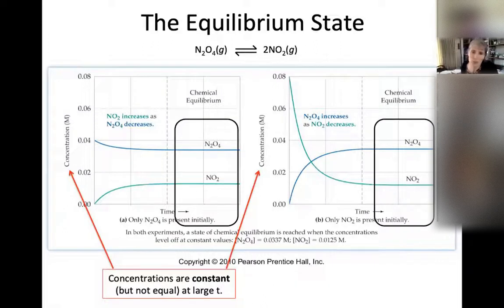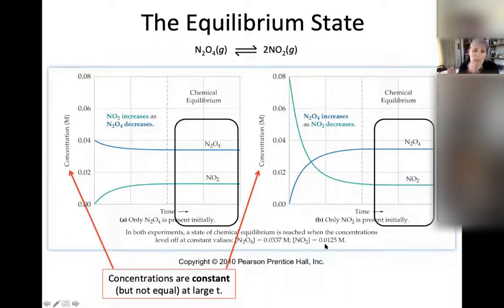We can start with only reactants present, or in the second picture on the right, we can start with only products present and watch it go the other direction. Right, so on the right side, this is starting with just NO2 present, and then the NO2 decreases as the N2O4 increases.